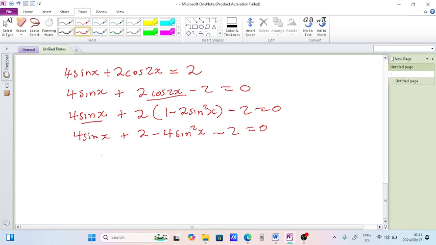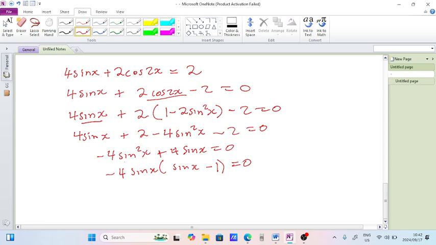So now we are doing minus 4 sine squared x plus 4 sine x equals to 0. What do you see here? I want to take a common factor. We're going to apply the minus again. Minus 4 sine x into sine x minus 1 equals to 0.